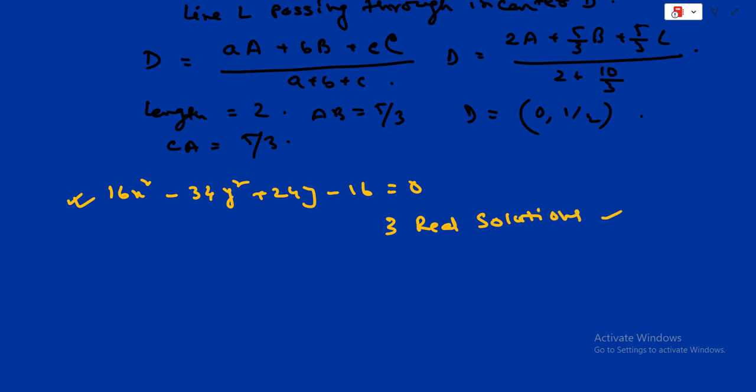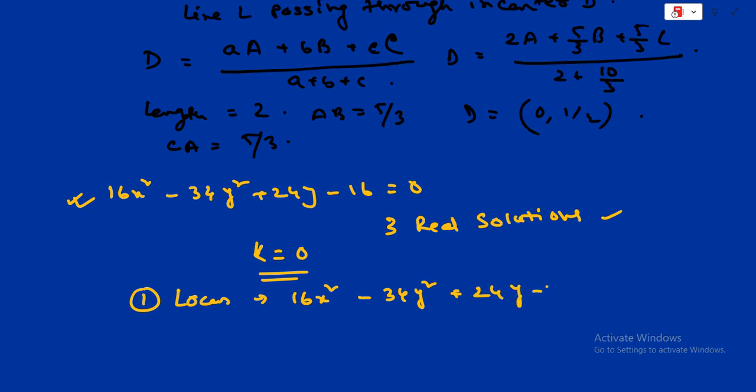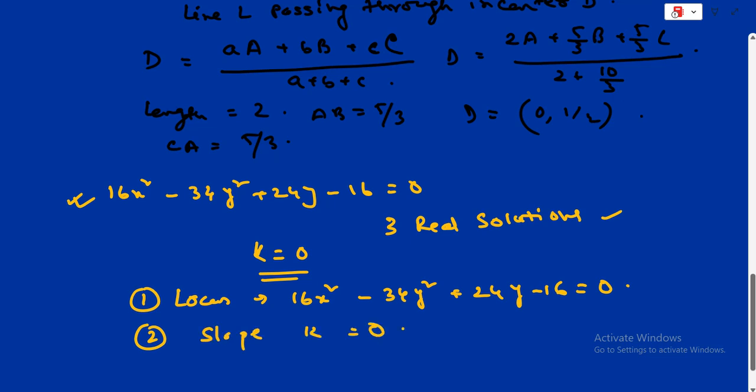That happens when the line is positioned such that it cuts both the branches and touches one, and special slopes create tangency plus crossing. Okay, so the final result is k equal to 0. So the locus is 16x square - 34y square + 24y - 16 = 0, and slope k equal to 0. Okay, so this is the answer for our question.